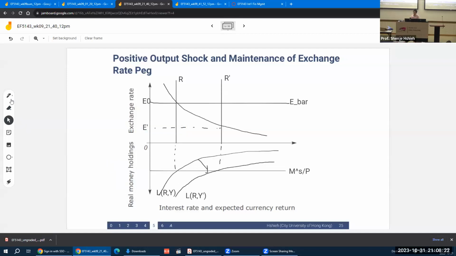And so what must happen is the central bank must utilize money supply somehow, to restore back to this interest rate here. So there must be a monetary expansion to lower interest rates back to R so that you can restore back to its E bar level.